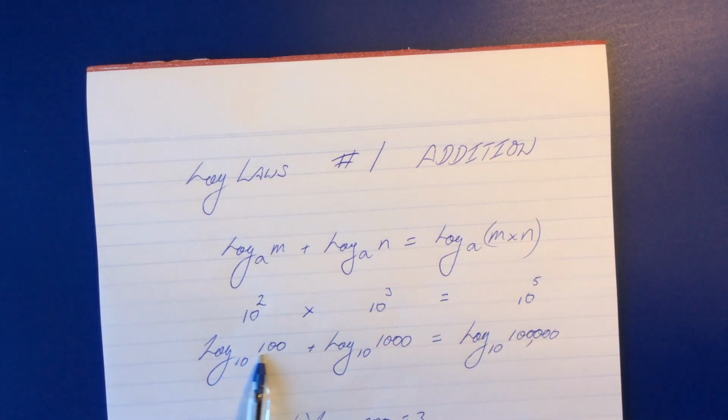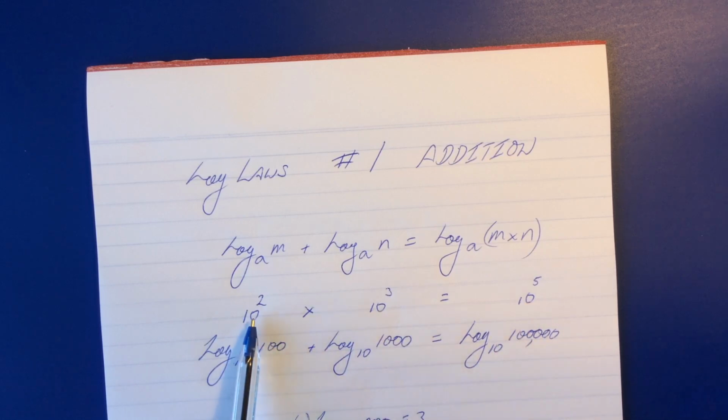And you can see the relationship here. We're effectively adding these two log expressions, and the result is a multiplication, 100,000. 100 times 1,000, 100,000.